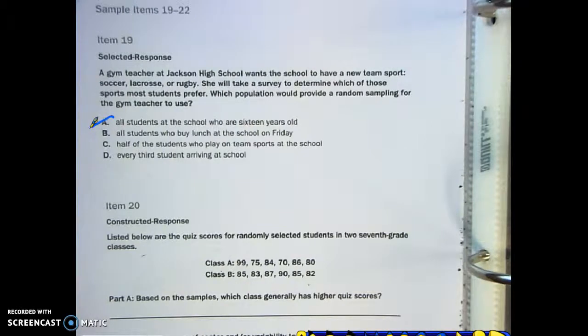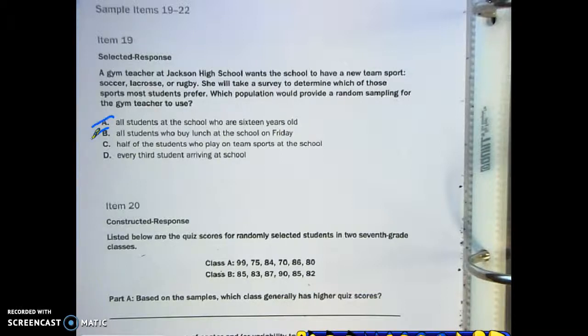B, all students who buy lunch on Friday. If you only pick the students who buy lunch on Friday, then you're not including the kids that bring their own lunch, so that is not random. C, half the students who play only team sport at school. If you choose the kids that play a sport to choose the new sport, you're only asking the athletes. So you're not asking the kids that just go to the sporting events.